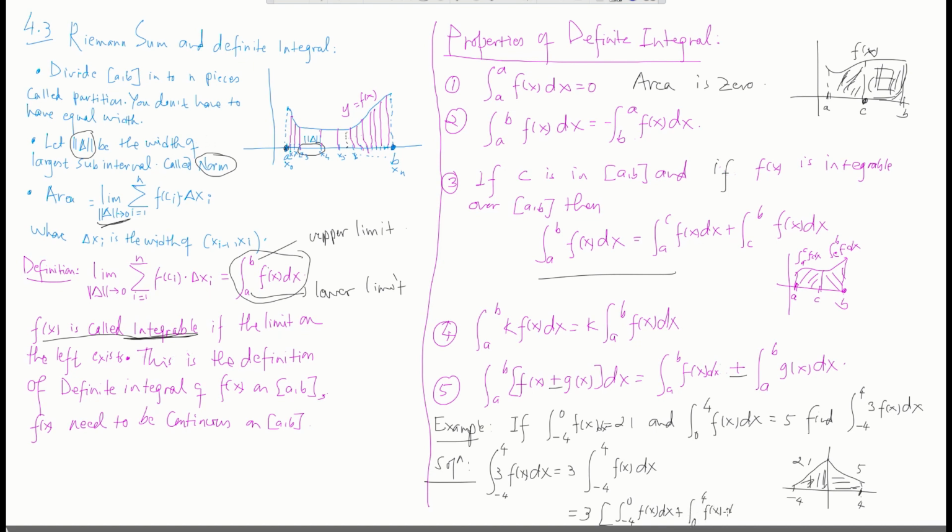Now I plug in the values from the given: this is 21 and this is 5. So 21 plus 5 is 26. What is 26 times 3? 3 times 26 is 78. So 3 times the area under this curve and that curve between negative 4 and 4 is 78 square units, because it is the area. Alright guys.